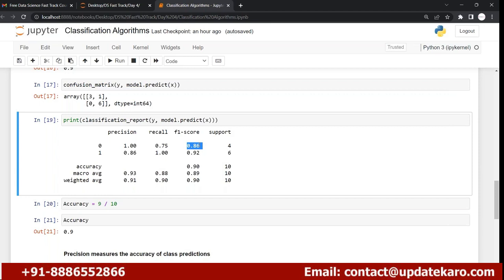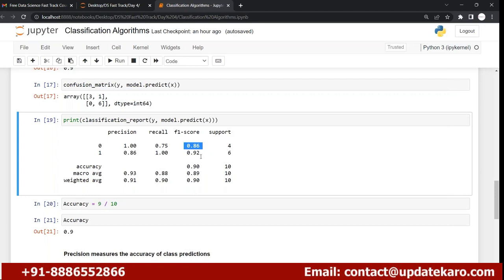If it tends to 0, you can say your model is not strong. Here, for both class 0 and class 1, the values are quite good. 0.86 is a very good value, greater than 0.85. Sometimes people struggle to get more than 0.8. I'm not talking about accuracy, I'm talking about the F1 score. If you got an F1 score greater than 0.85, believe me, your model is good.